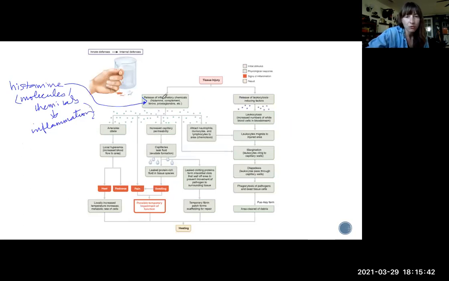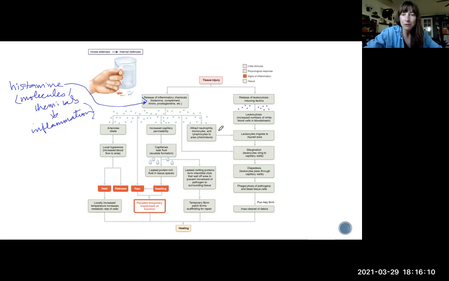So as a result of these chemicals and proteins, these molecules, you're going to have the arterioles dilate. So the blood vessels are going to dilate, get wider, greater blood flow. You're going to have the capillaries become more permeable. You're going to have the epithelial cells kind of separating, causing gaps so that stuff or immune cells can come through the blood vessels into the interstitial fluid.